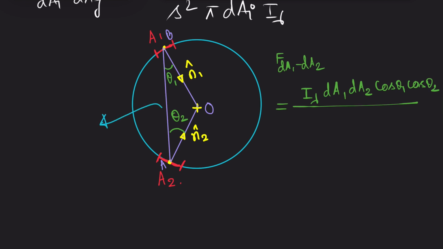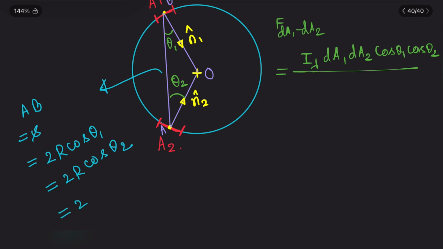Here for sure we can know that theta 1 is equal to theta 2 from this triangle, and this distance AB, that is also equal to small s, will be equal to 2 into r into cos theta 1, which is also equal to 2 into r into cos theta 2, and I write it as 2 r cos theta.